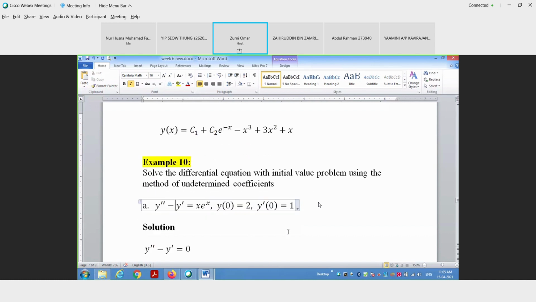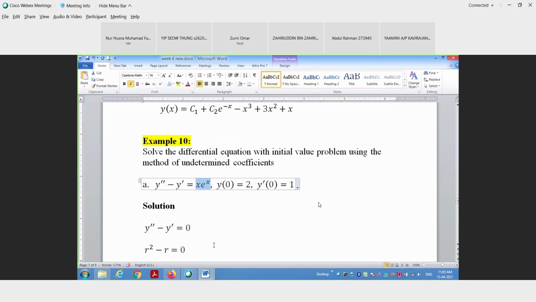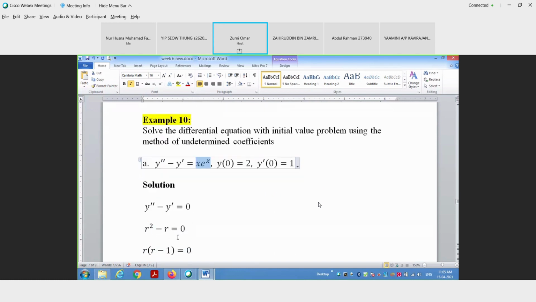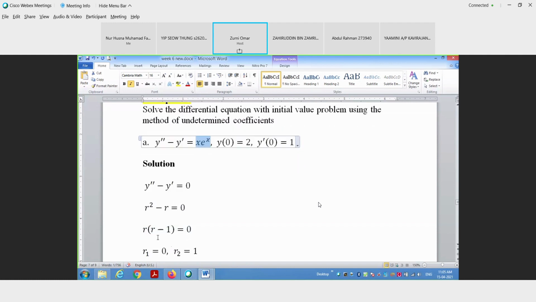The first step, we want to find yh. You make g(x) equal to 0, so you have y double prime minus y prime equal to 0. That means we have r squared minus r. You transform this into the characteristic equation. So r squared minus r equal to 0. That means r times (r minus 1) equal to 0.